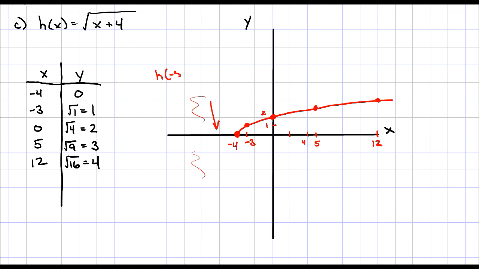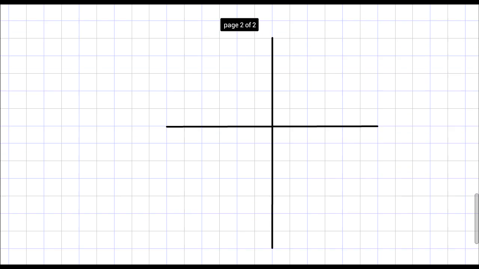H of minus 5 is equal to the square root of minus 5 plus 4. That's going to be the square root of minus 1, which is undefined. I can't actually calculate it. So there are no points on the graph to the left of x equals minus 4 because those inputs don't have outputs.